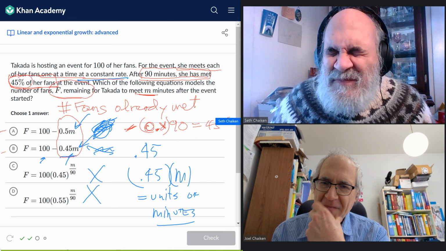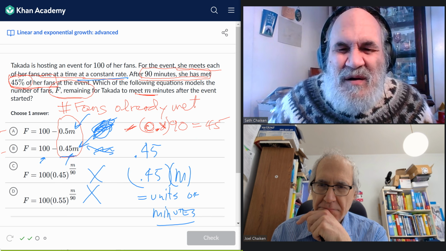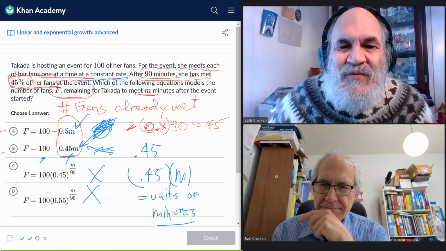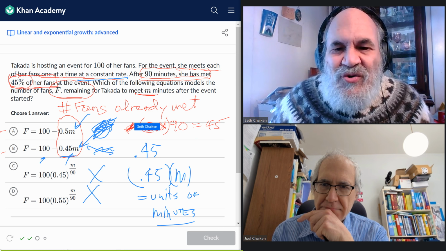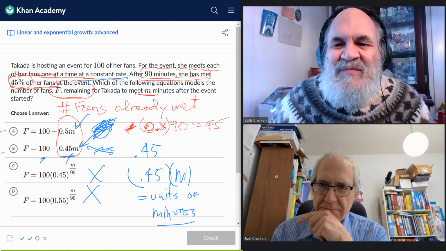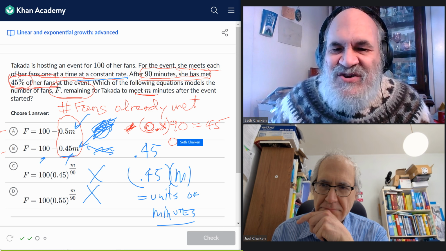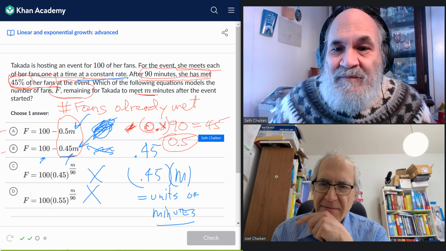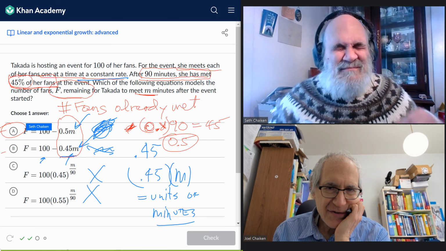So we need to pick among a half and 45 hundredths, which one gives you the fraction times 90 equals 45, and it's immediate to see that the fraction is a half. So the answer is this one. Wow, this is a really tricky problem.